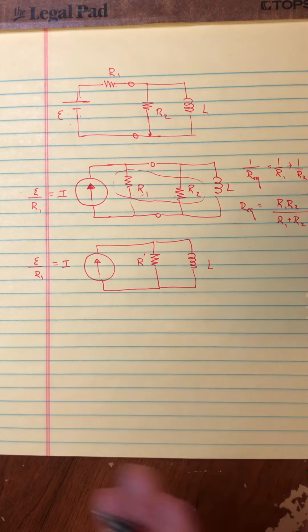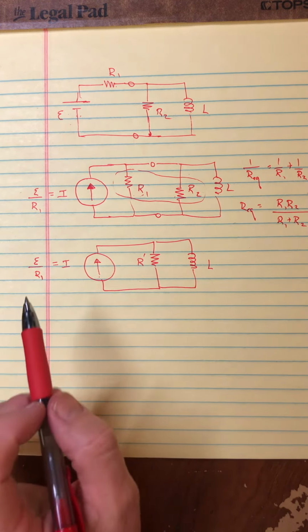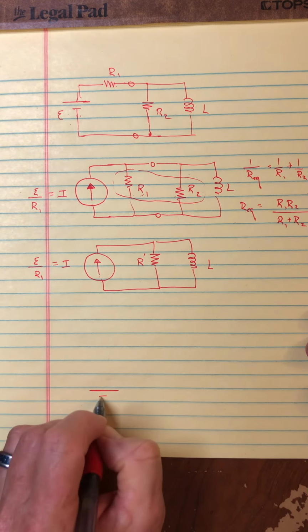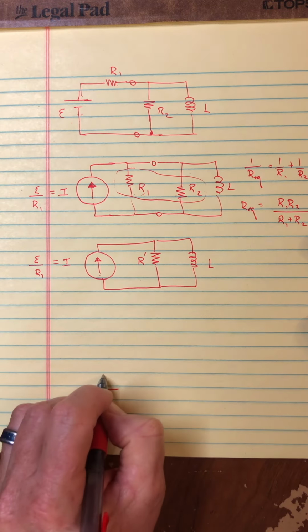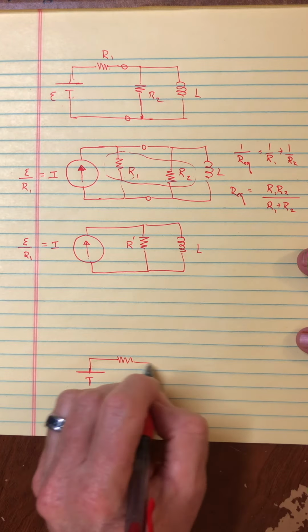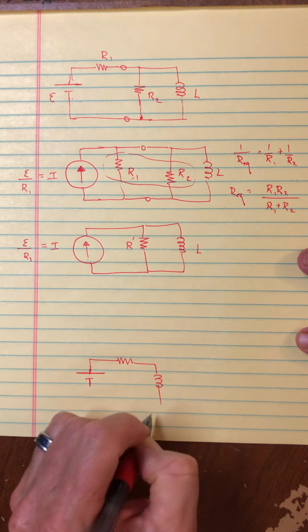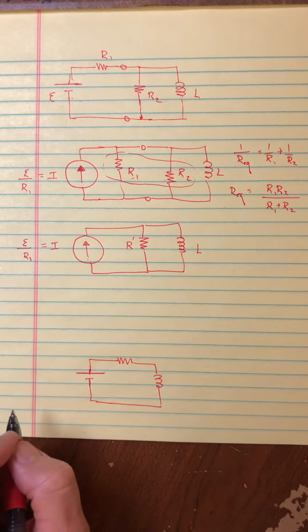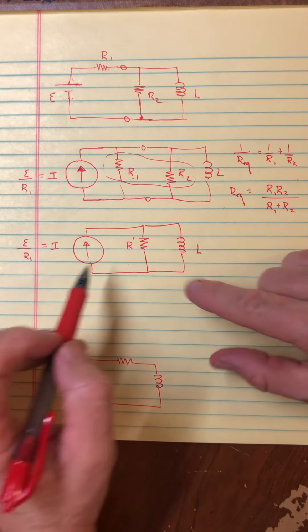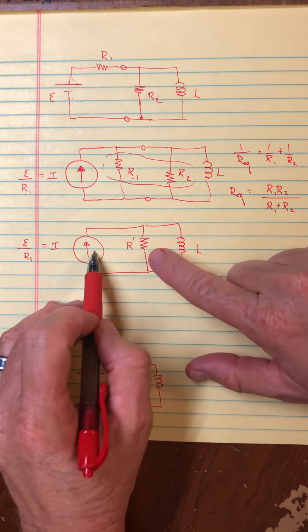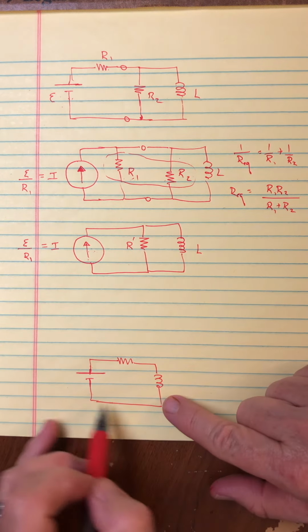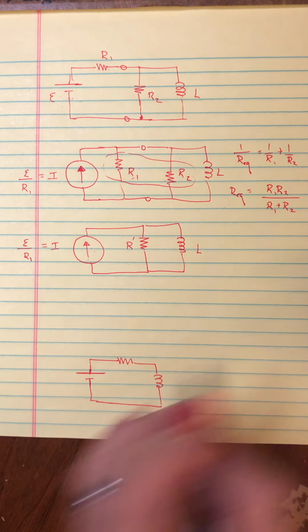Okay, now, we solved in class a problem that had a constant voltage source, a single resistor in series, and then an inductor. So if we do yet another source transformation, and we take this that's in parallel and go back to a constant voltage source, we would get this type of circuit, which we've already solved.